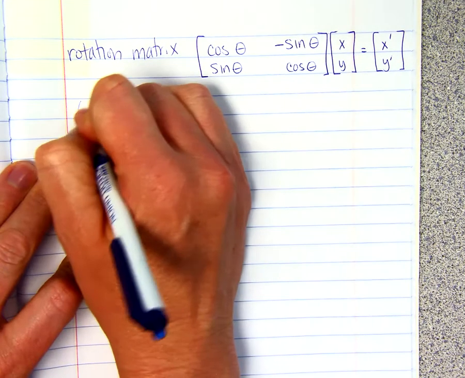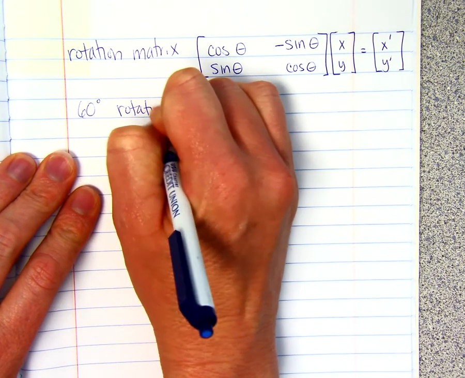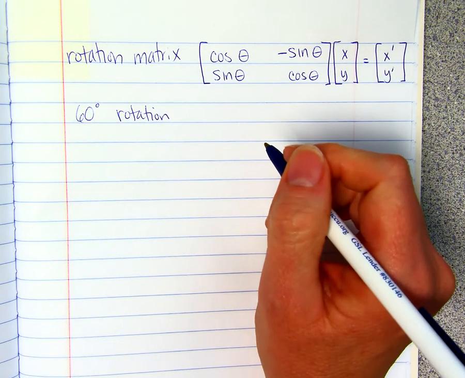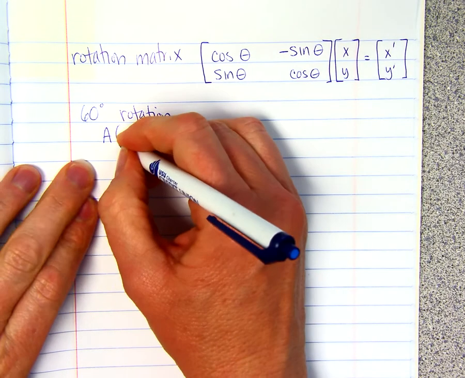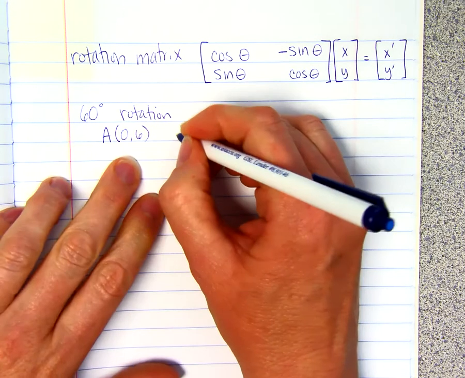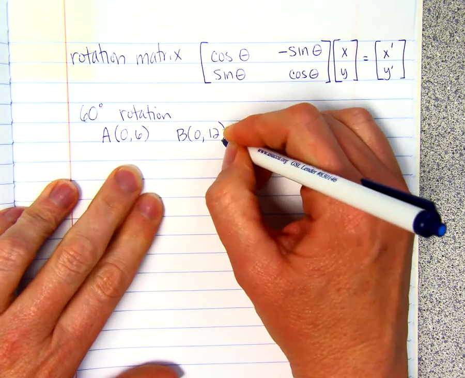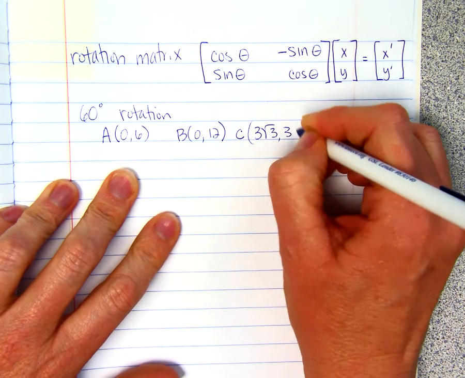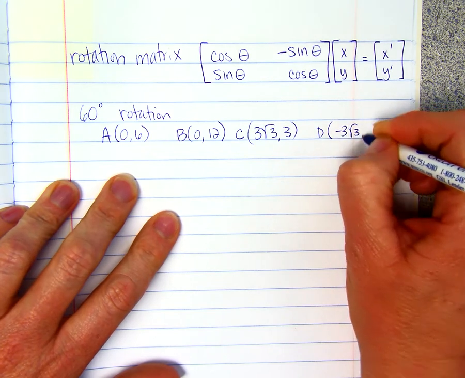So if we want to do a 60-degree rotation, all rotations are counterclockwise unless specified to go clockwise. We're going to rotate a quadrilateral A, B, C, D. A is at 0, 6, B is at 0, 12, C is at 3 root 3, 3, and D is at negative 3 root 3, 3.